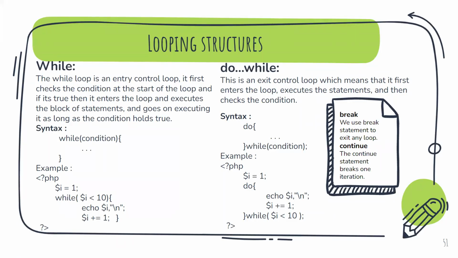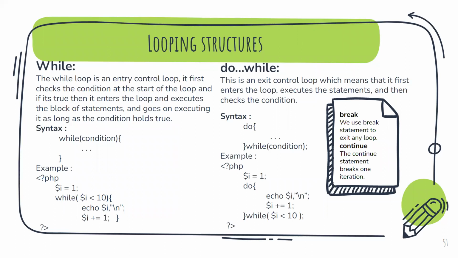Let's start with while. While is an entry control loop. This is because before entering the loop, we first check whether the condition is true, and only if the condition is true do we execute all the instructions present in the while block.